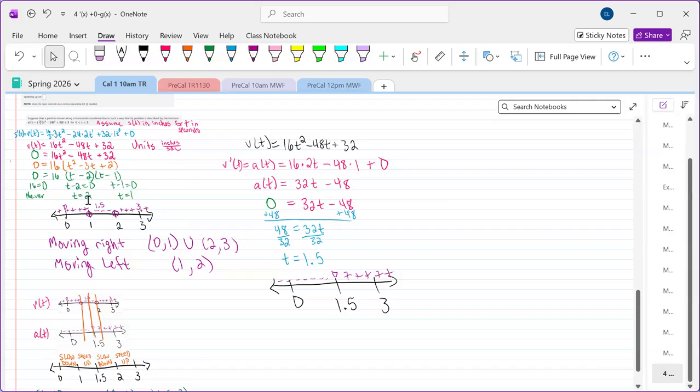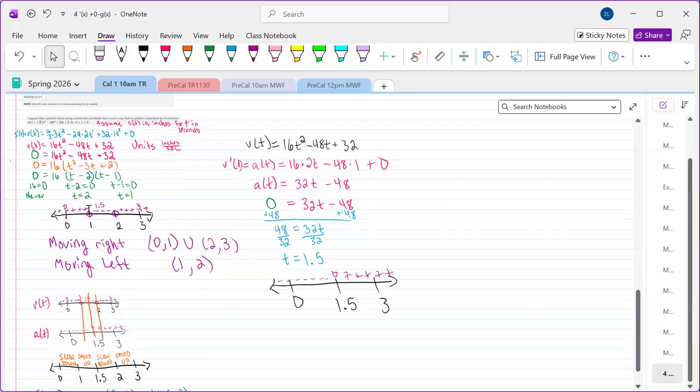Since 32 is positive, everything in that interval has to be a positive velocity, because we know at 1 it becomes 0. So it doesn't change anywhere to the left of 1. If I pick one number in that interval, that's a placeholder for everything in that interval. I just talked through plugging in the number instead of writing it down.